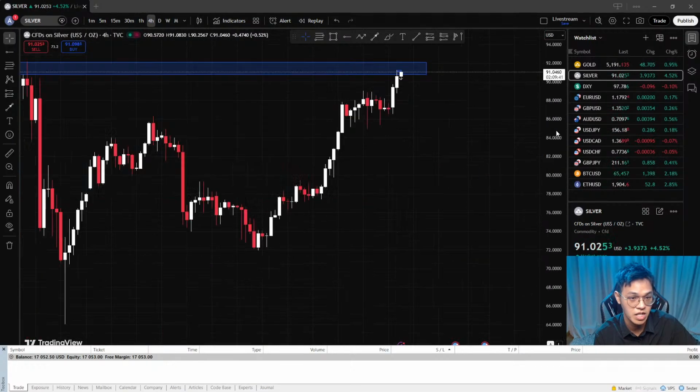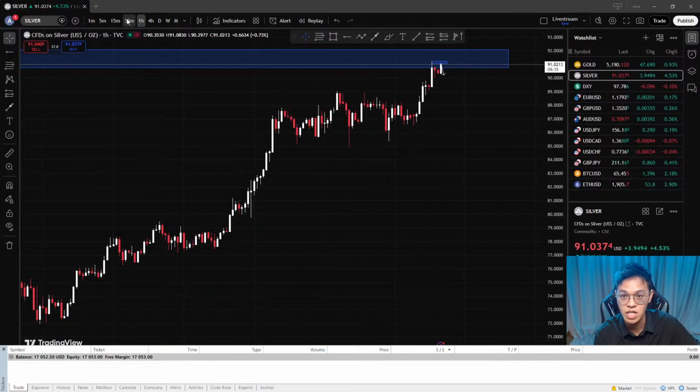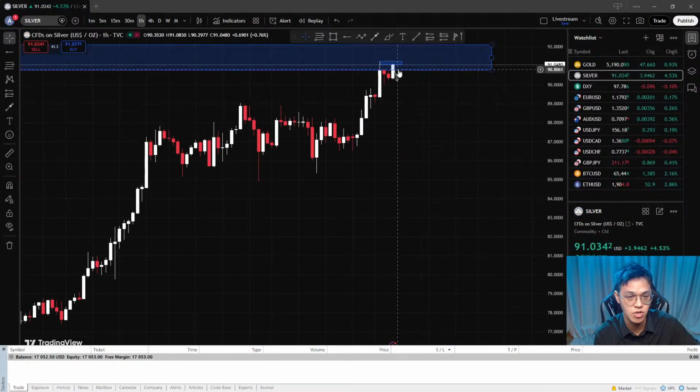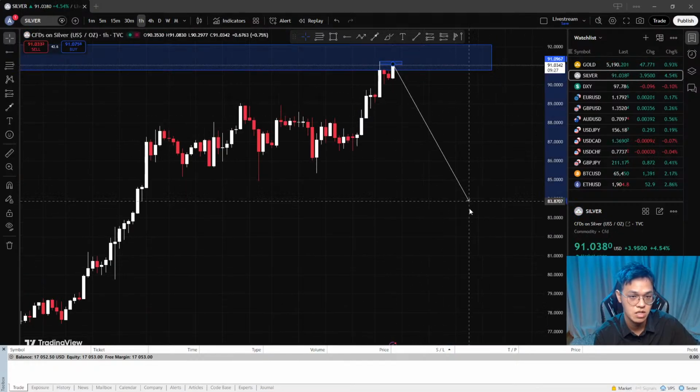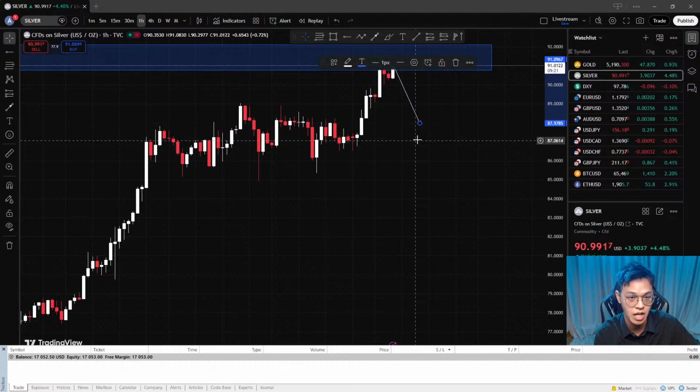Besides that, the price touched the 4-hour resistance, so normally the price will have a retracement. But I think it's just a small retracement, not a change of character, and I think the price won't break this support level.